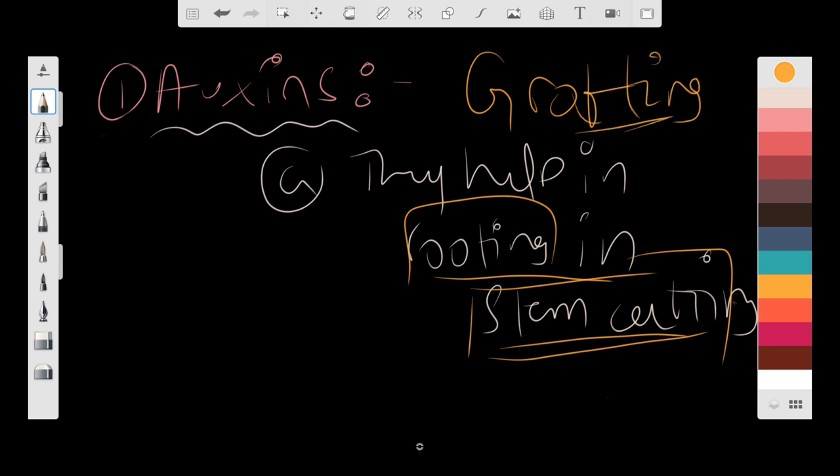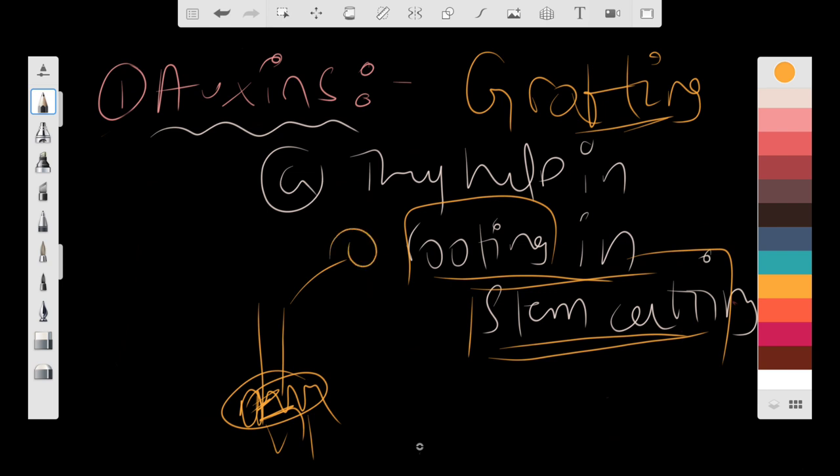Grafting is placing one stem over the other and tying it so that a flower of mixed variety, mixed color, would form. This grafting is mainly done in roses. Did you remember that?